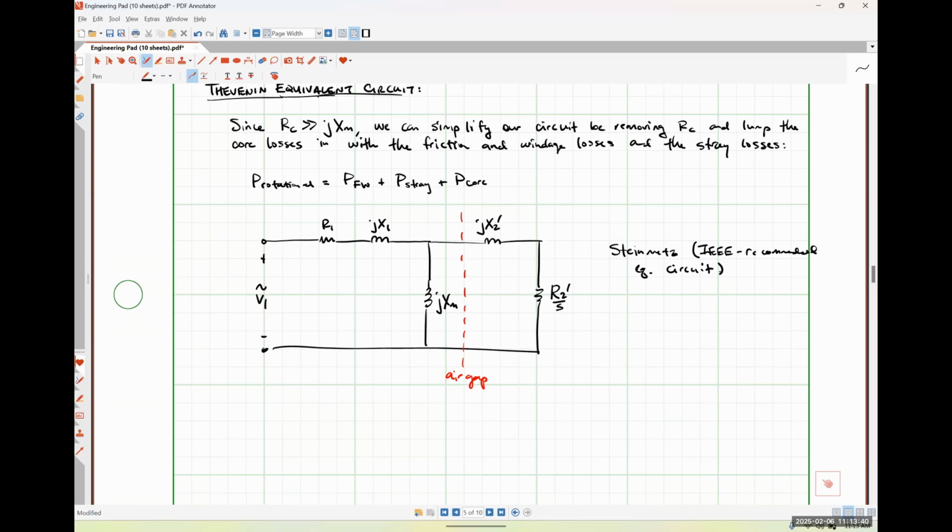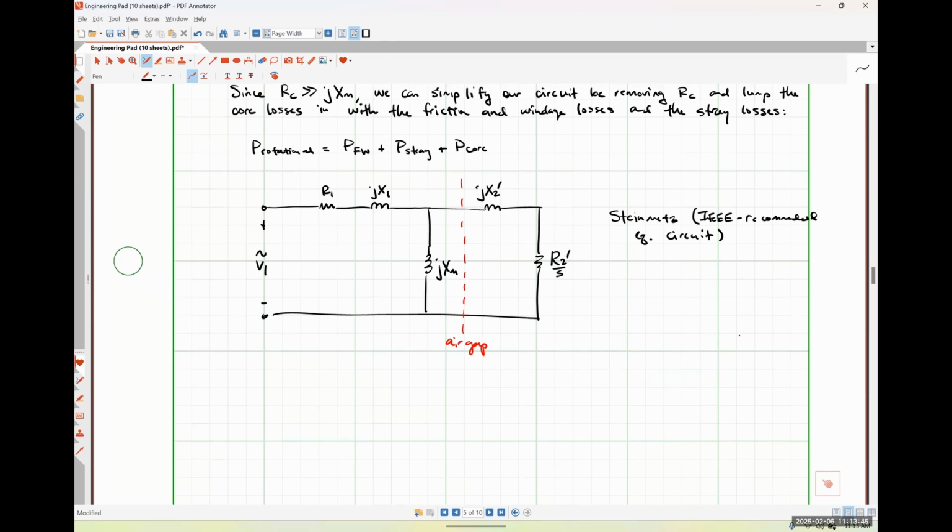So what we're going to do is find the Thevenin equivalent circuit for everything to the left of the air gap, and then we are just going to replace everything to the left of the air gap with this equivalent circuit.